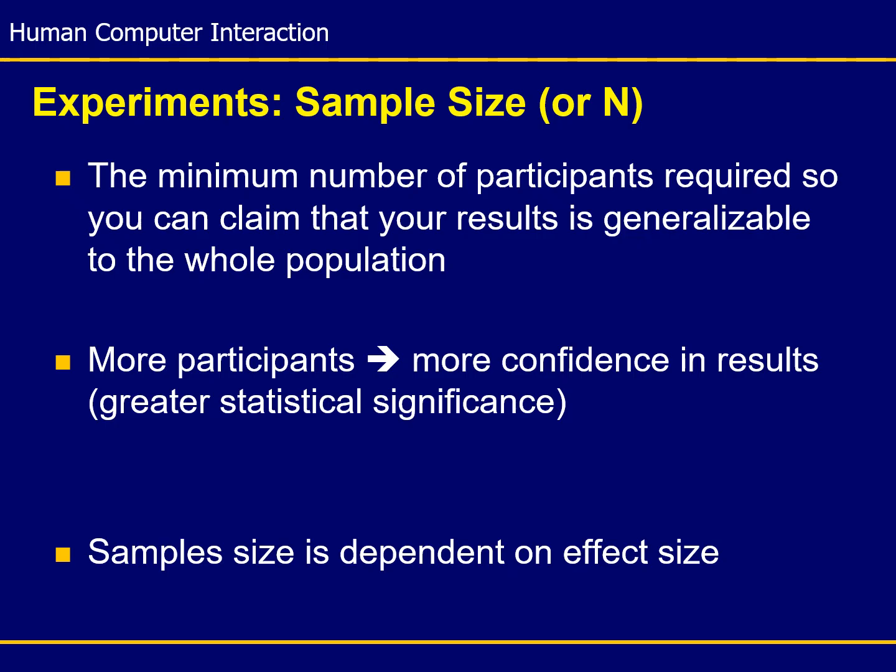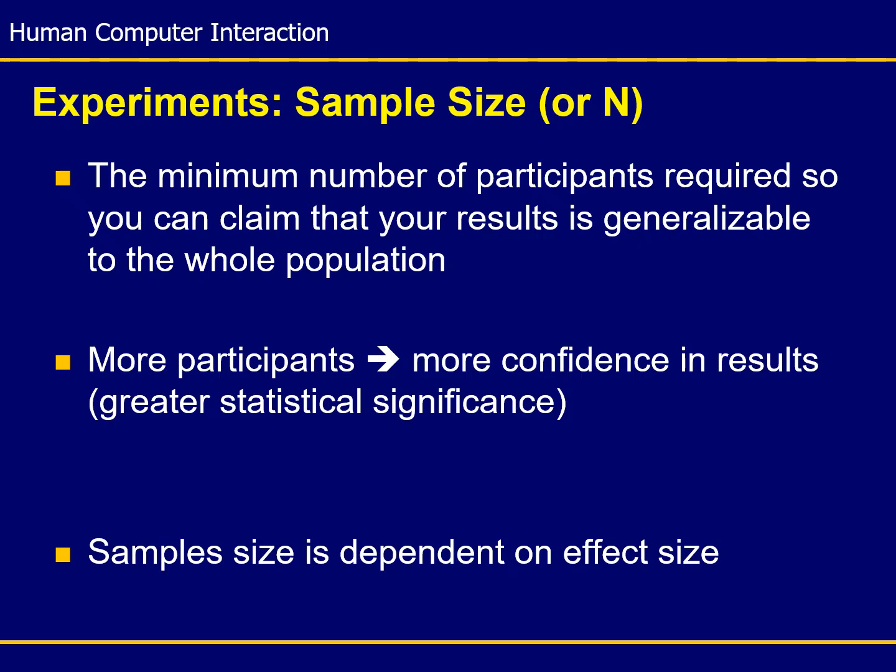The sample size is related to something called the effect size. What is the effect size? Effect size is referring to the difference between the conditions you're having in the experiment. In other words, it's the difference between the user reactions to the different conditions.